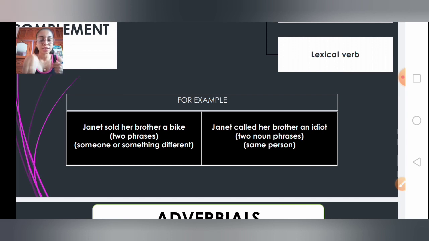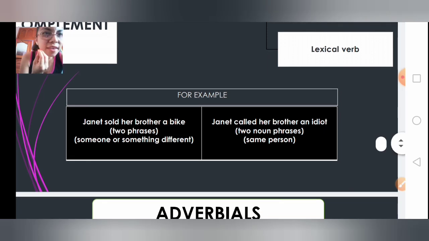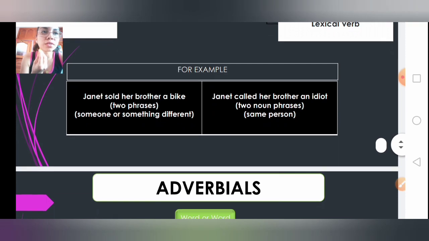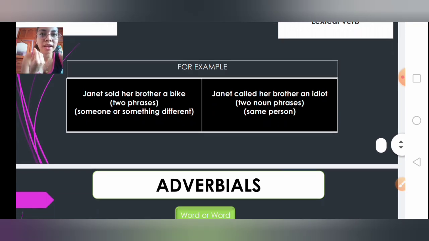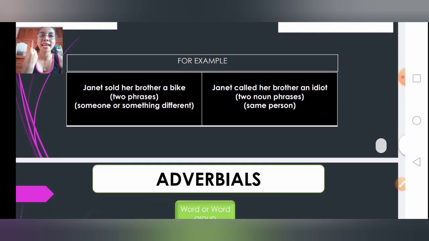They refer to the same person. So the second complement in Janet called her brother an idiot is an intensive complement, right?